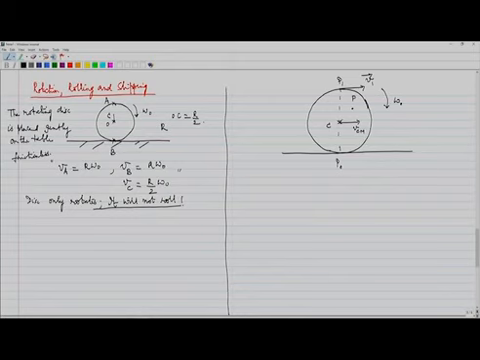When I take a particular point here, to find the velocity here, I should join these two. This will have the same VCM. And this I will call RP.